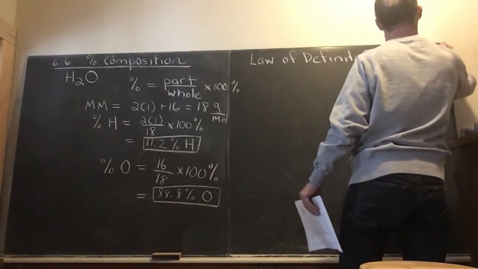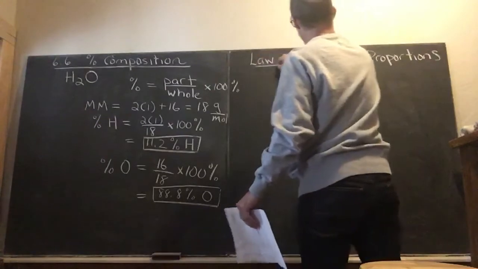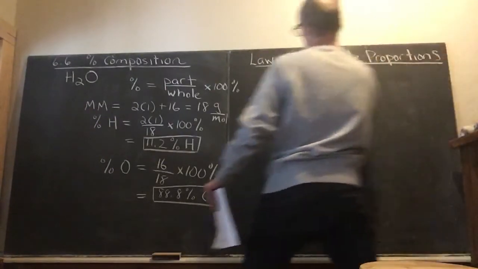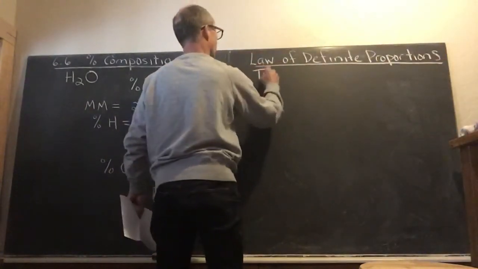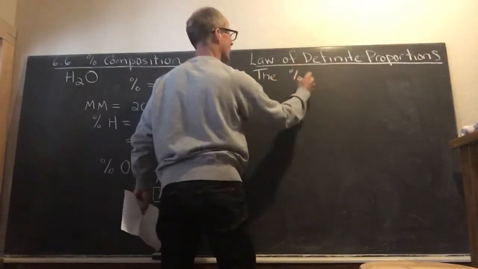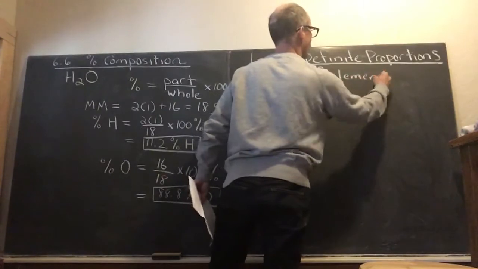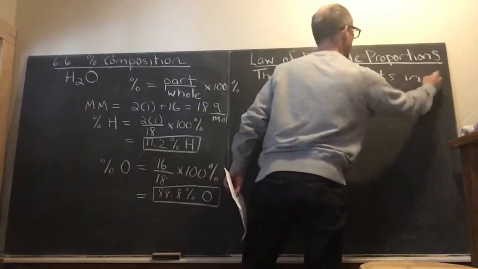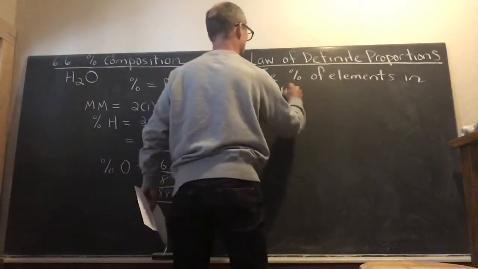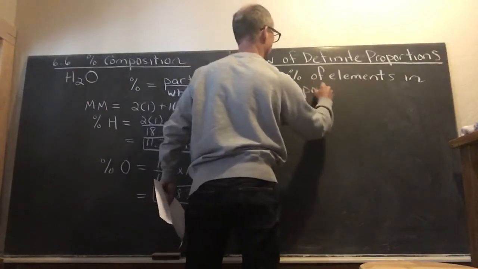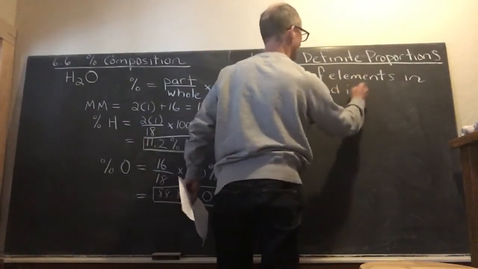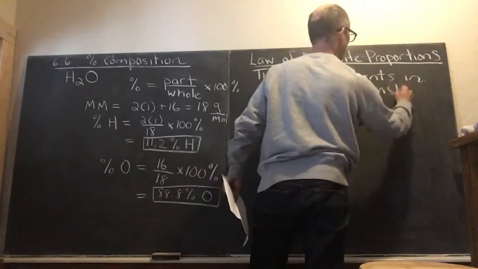And it's very straightforward. It just states what I just iterated. The percent of elements in a compound is constant.